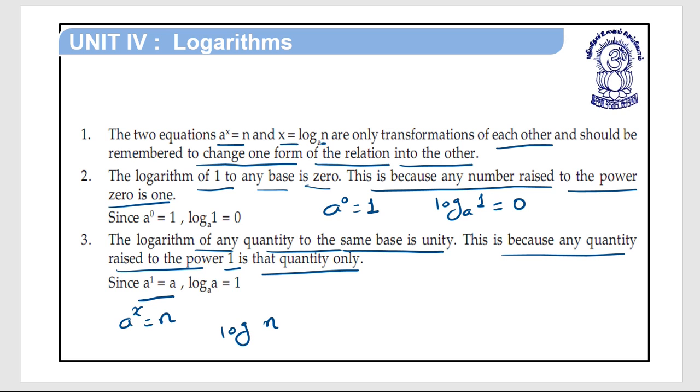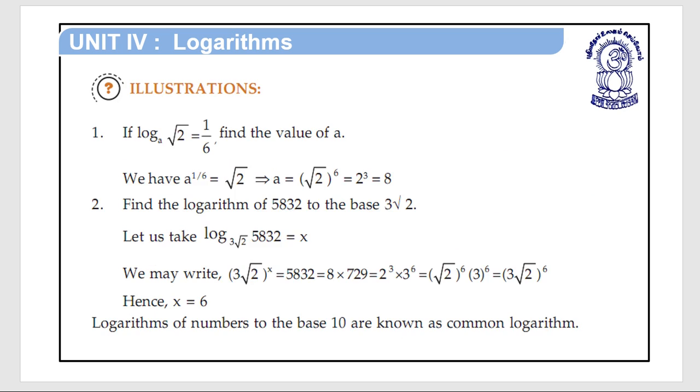So log n to the base a is equal to x; here log a to the base a is equal to 1. So the logarithm of any quantity to the same base is unity.